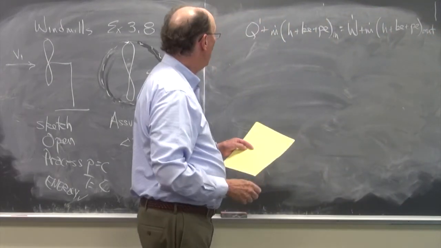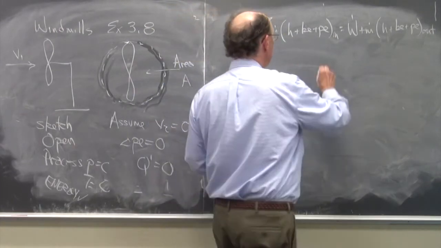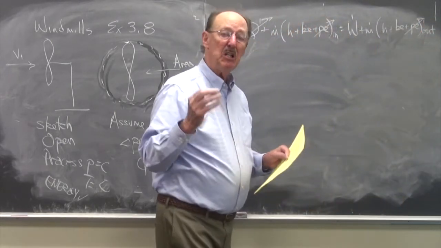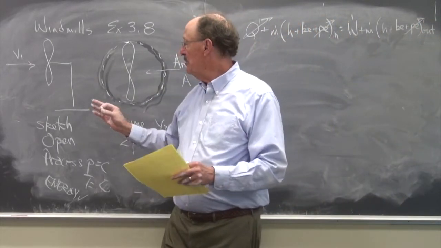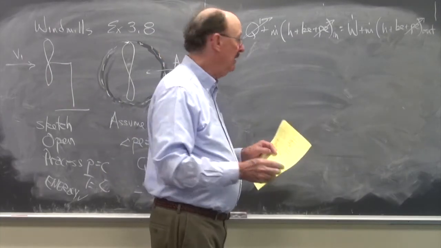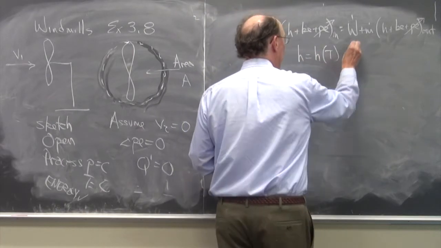And so what we're looking at is we saw that there's no heat flow, there's no change of potential energy, and the temperature of the air doesn't change as it goes across here. And what you don't know yet is that H is equal to H of T for air.